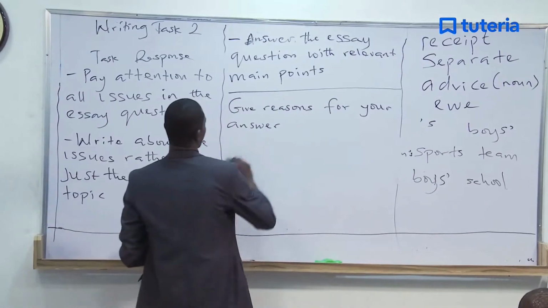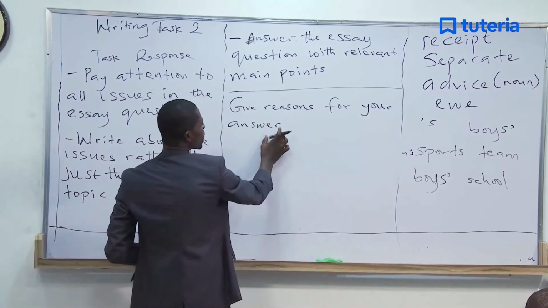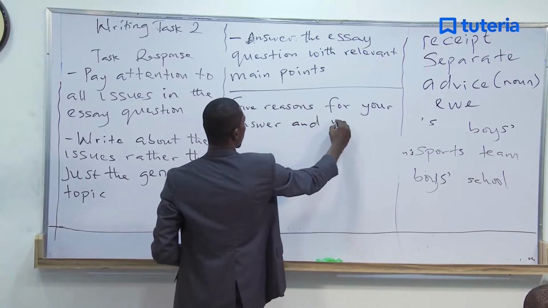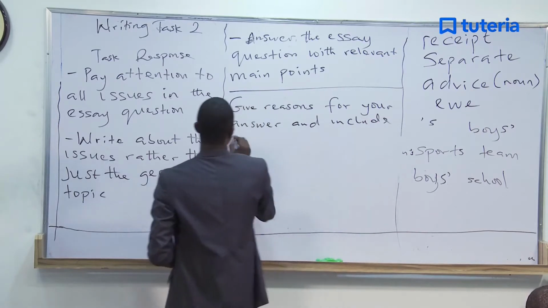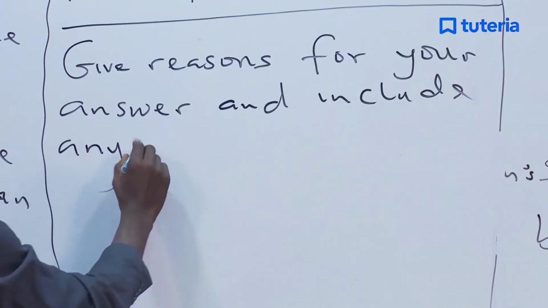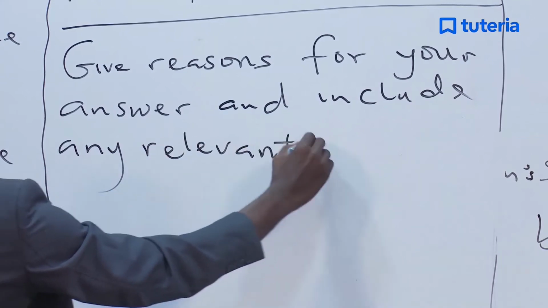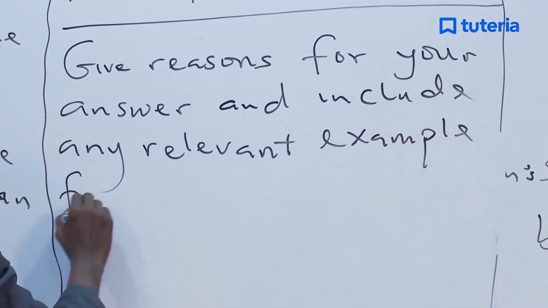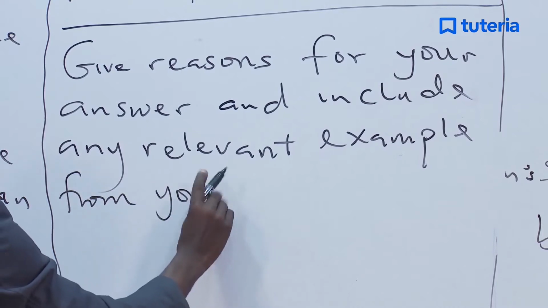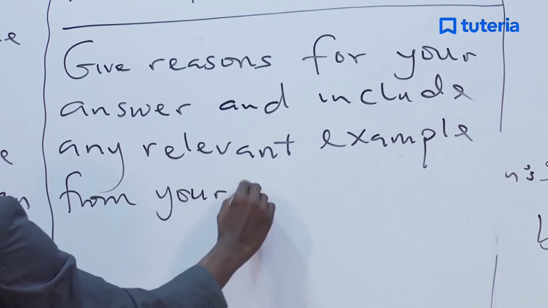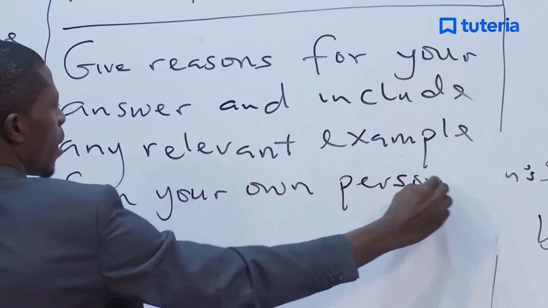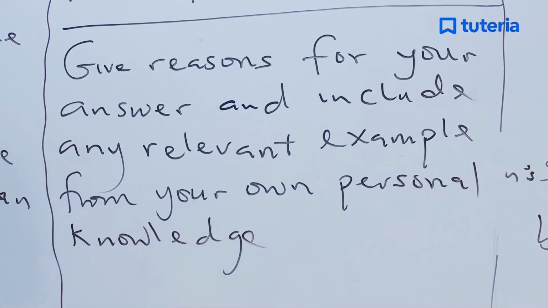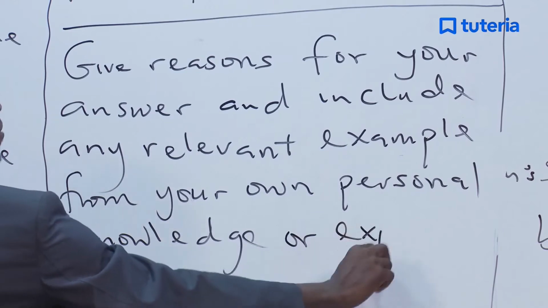So the next one is, apart from this, give reasons for your answer. Okay, reasons for your answer. They usually say something like, and include any relevant example from your own personal knowledge or experience.